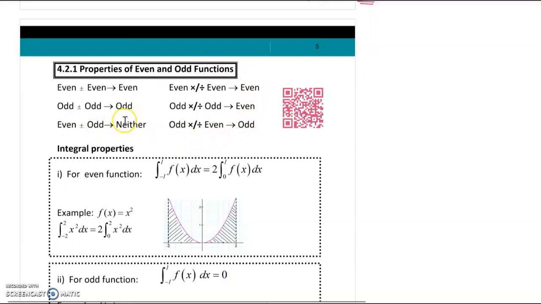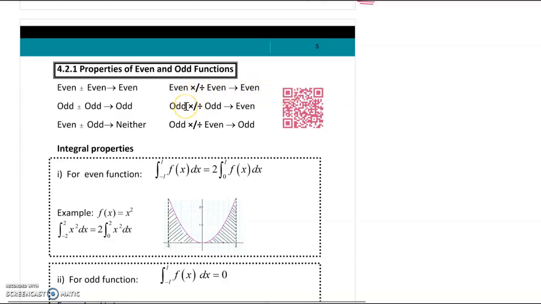You can see from these 6 properties that the odd function is like the dominant term, like the negative. If you have, for example, even times even, it will be even, like positive times positive, the result is positive.